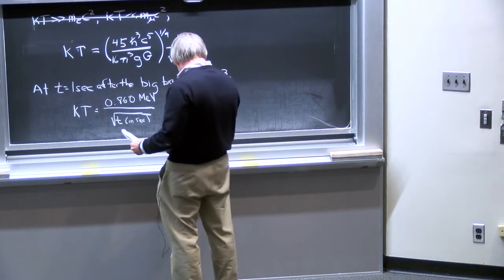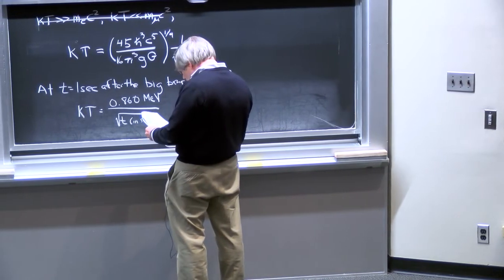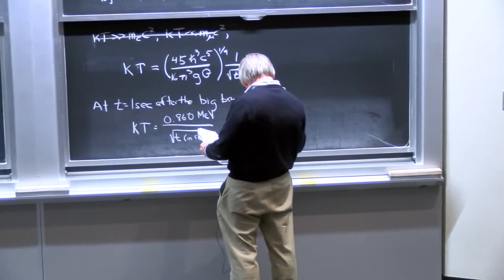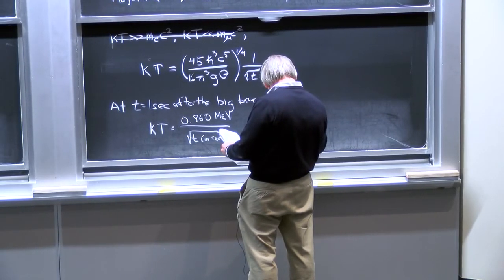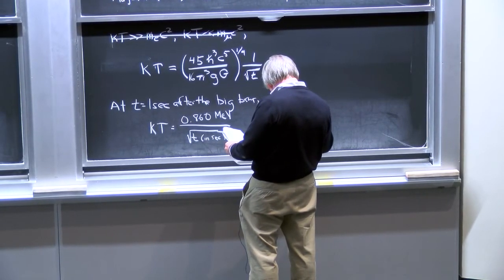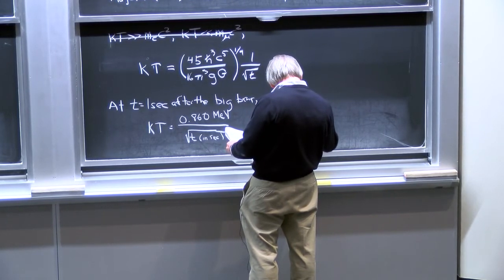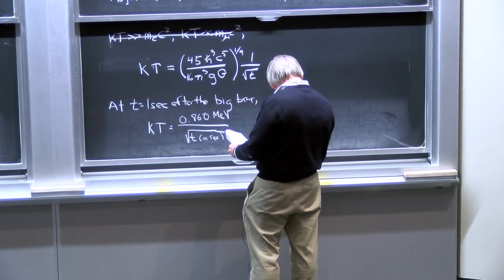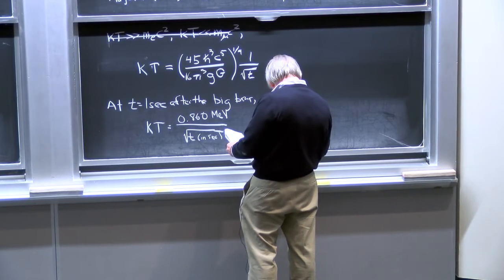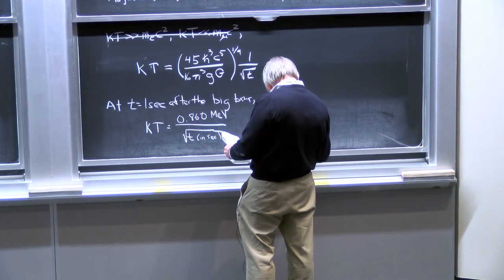One can also write down what the temperature itself is. The temperature is 9.98 times 10 to the 9th K divided by the square root of t in seconds.